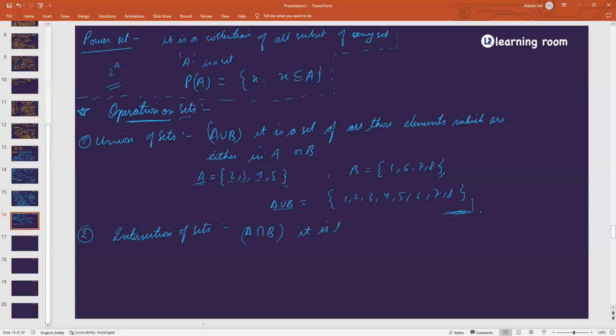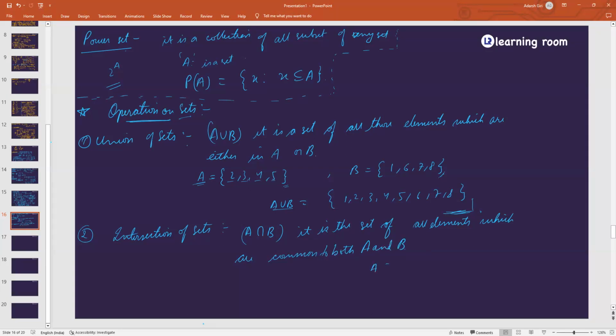It is the set of all elements which are common to both A and B.